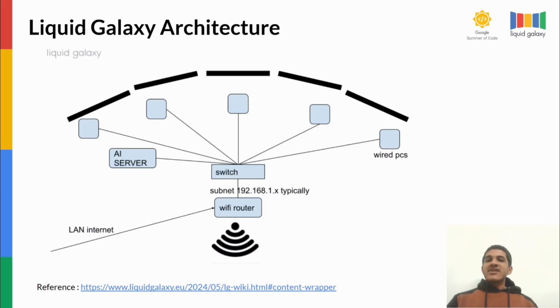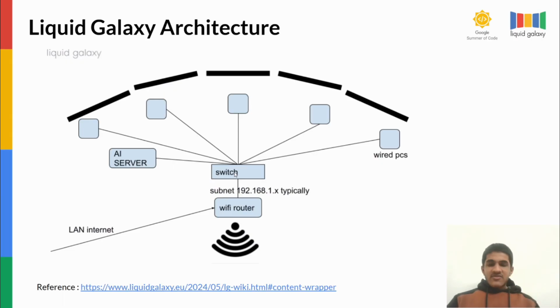Let's deep dive into the Liquid Galaxy architecture here. As you can see here, there are five screens, and let's say the middle one is the master machine and the others are the slaves. All these machines are connected to each other via a NAT network. And the master one is connected to an outer switch or a controller with an SSH connection.